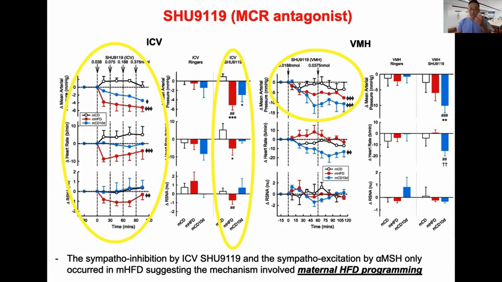These results show that the sympathoinhibition by the SHIELD 9119 and the excitation by the alpha MSH, as we've seen in the previous slide, only occurred in the offspring of maternal high-fat diet-fed animals, showing that this is clearly a maternal high-fat diet programming effect on the blood pressure and the cardiovascular parameters. And again, this is a programming effect.